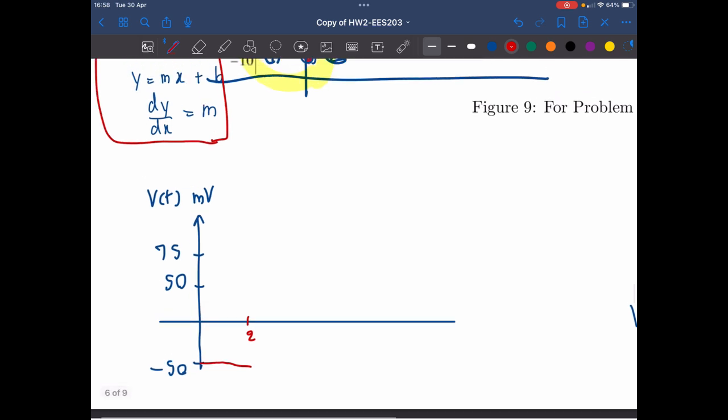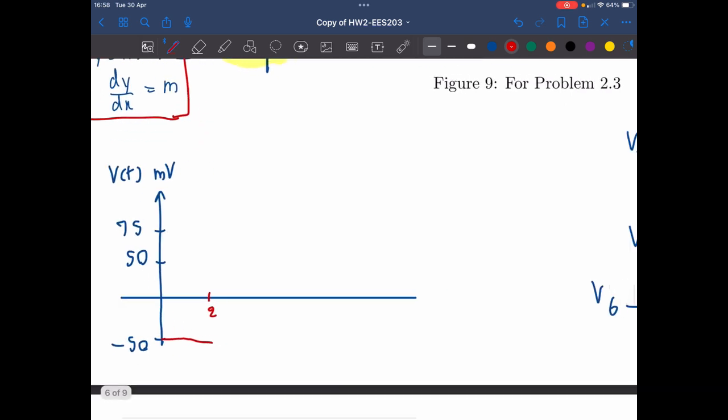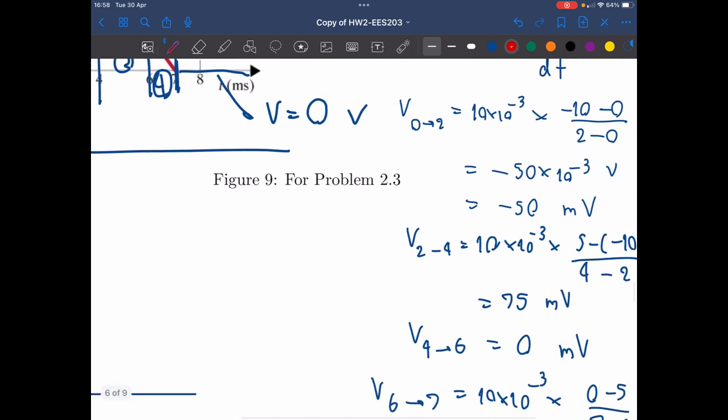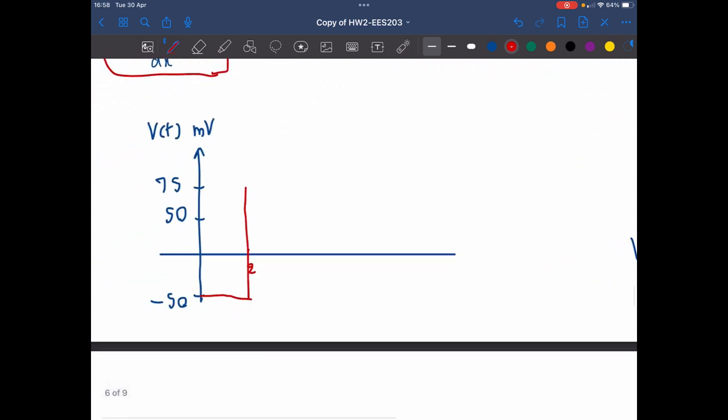So we could say that this value of voltage is constant in this duration, and then it changed to 75 for about 2 to 4 seconds, and then it comes back to 0 for another 2 seconds, and at the end it goes back to minus 50 for about 1 second, and then it returned to 0.